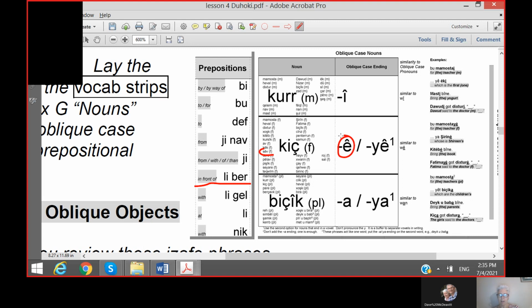It's in front of the apple. With Legal Fatima. And I chose the one with the Y because Fatima ends in a vowel.